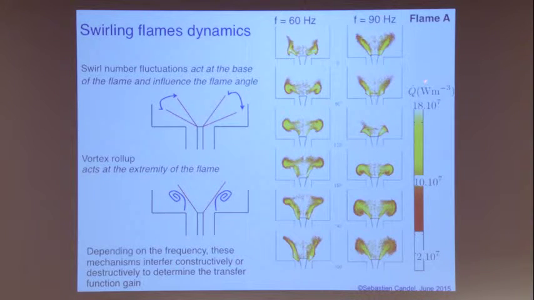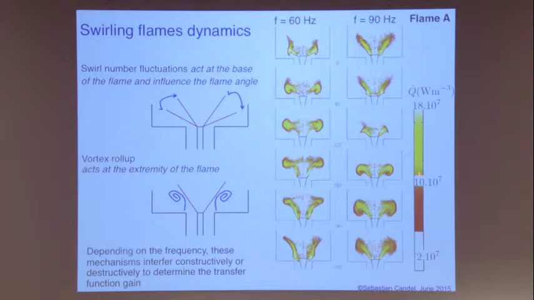And what you see here is actually the 60 hertz and 90 hertz positions of the flame. And you can see that at 90 hertz, you have very large changes in the flame area, while here, basically less. Well, like that, it's difficult to see. But in addition, you can actually scale the level of fluctuation in watts per cubic meter.